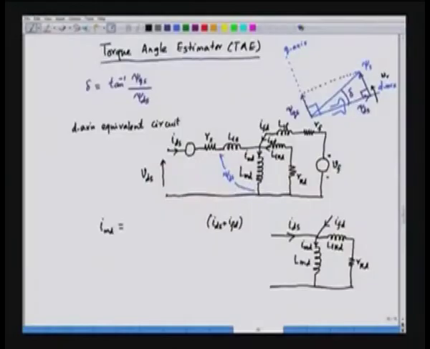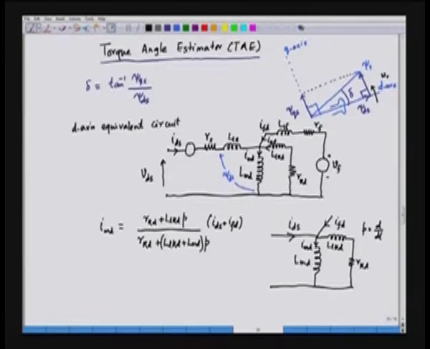So, we can find out this IMD in the following way: (RKD plus LKD P) divided by (RKD plus LKD plus LMD into P). This small p is the derivative operator. This is d by dt. So, this dynamic equation will give us IMD by simple current division principle.